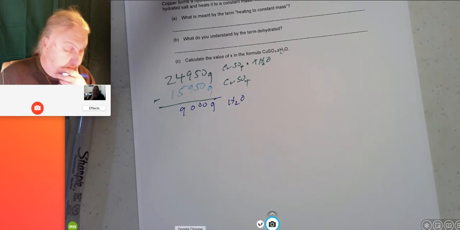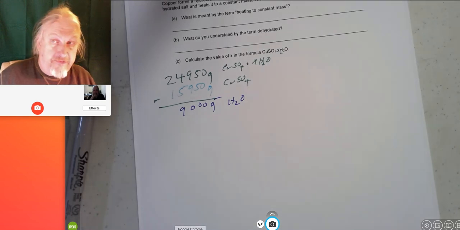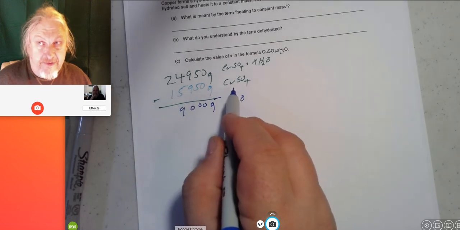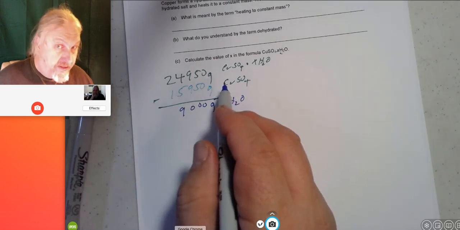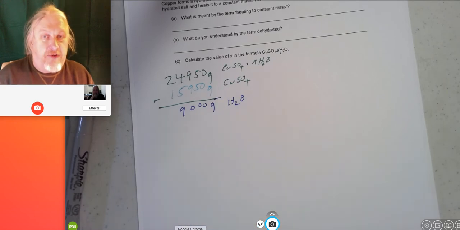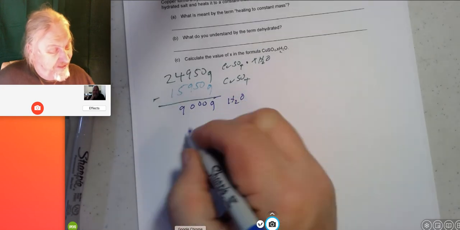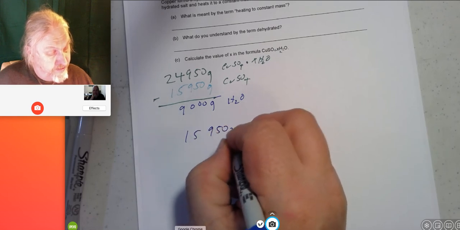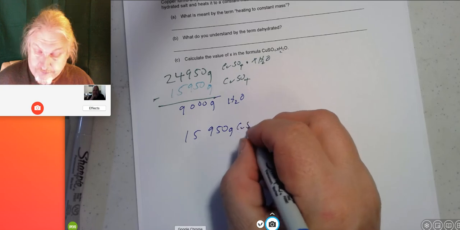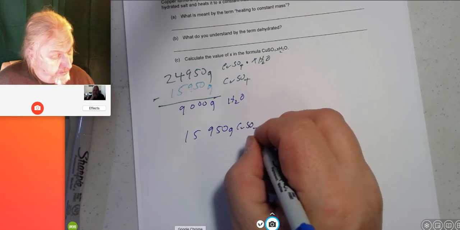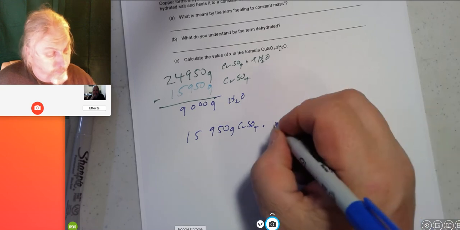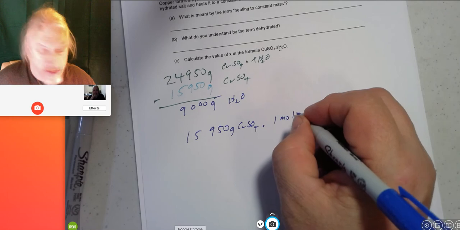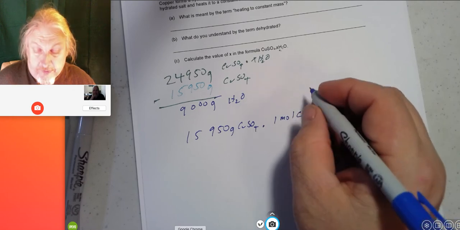So now we need to figure out how many moles of copper sulfate we have. That is the amount of copper sulfate, only copper sulfate, not the hydrated copper sulfate. And we have 15,950 grams of CuSO4. We need to get the number of moles, and the way we do that, like we do everything with moles, is we take the atomic mass, the gram molecular weight, whatever you want to call it.